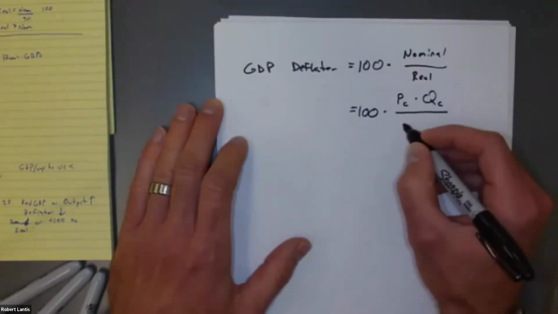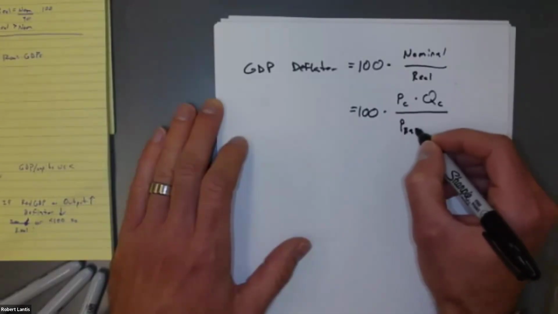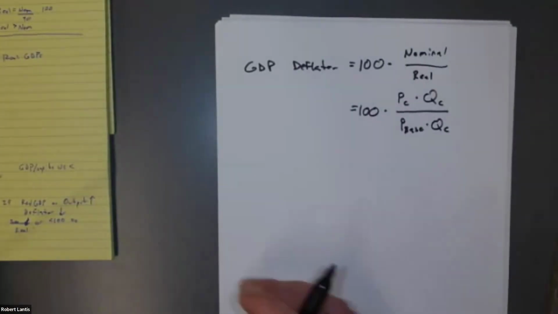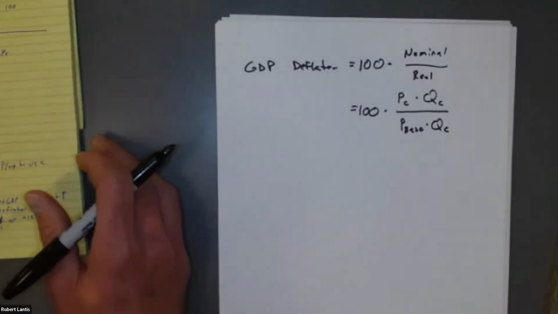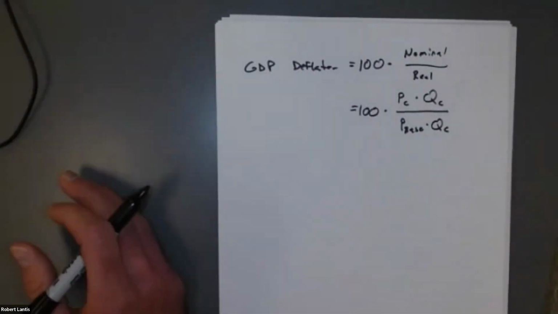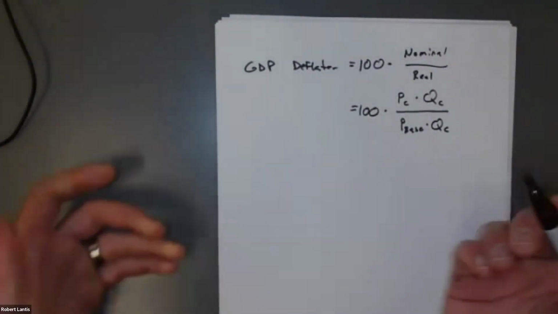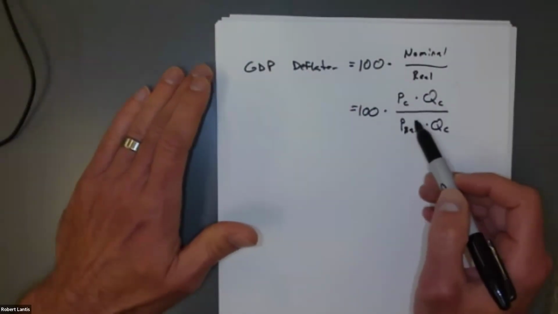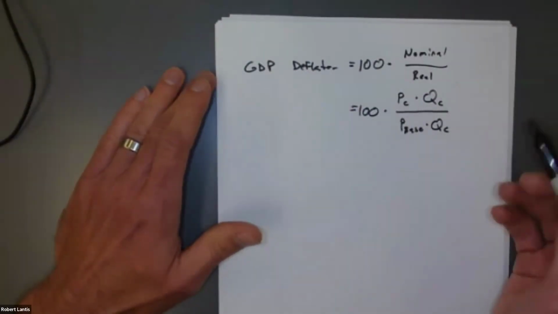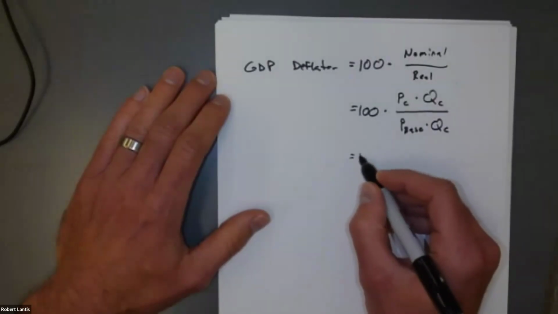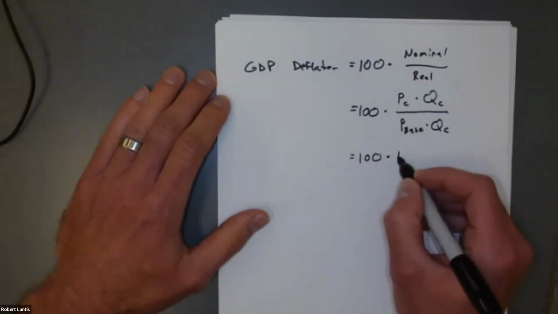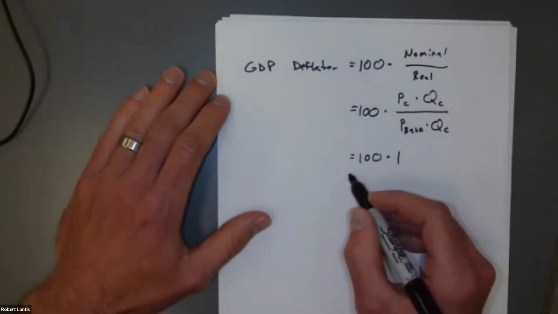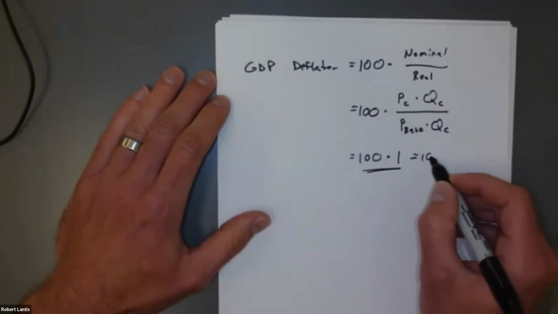Real GDP was using my base year's prices, but my current quantities. So if I'm ever thinking about the base year, the current prices and the base year's prices will be exactly the same, which would mean that this is going to be 1. So my GDP deflator in the base year is always going to be 100.